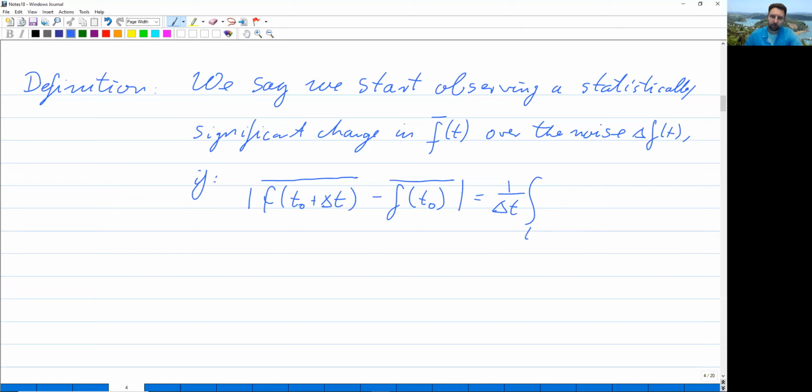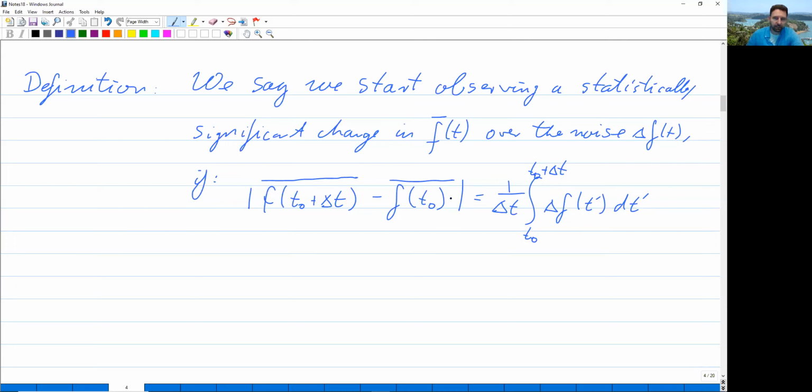So integral from t0 to t0 plus delta t, and then it's delta f of t prime dt prime. So that's the criterion. If the left-hand side is smaller than the right-hand side, then we say that we haven't seen statistically significant changes yet.